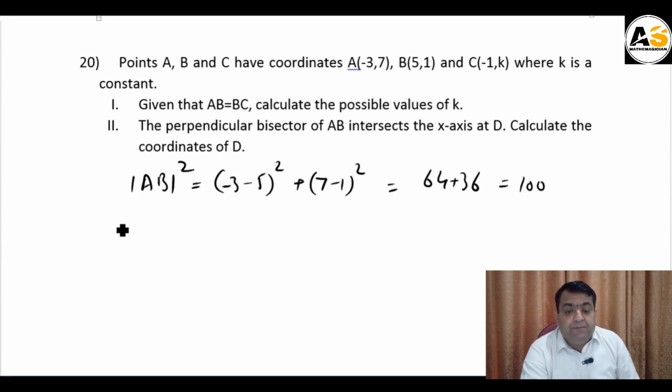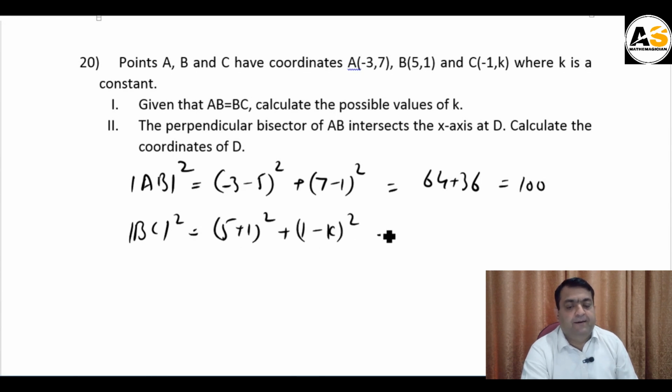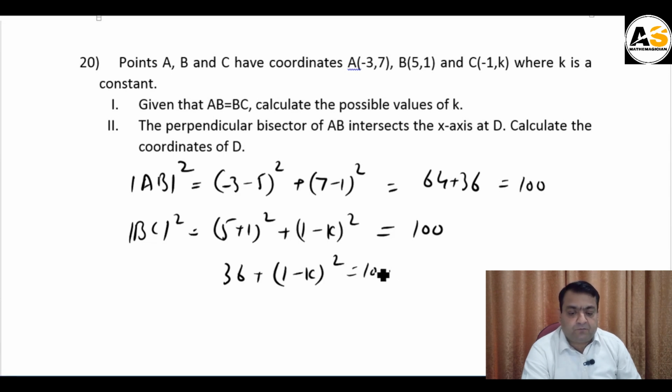And BC distance square is 5 plus 1 square plus 1 minus k square, which will also be 100 because AB distance is equal to this. 36 plus (1 minus k) square is equal to 100, implies (1 minus k) square is equal to 64. 1 minus k is equal to plus minus 8.